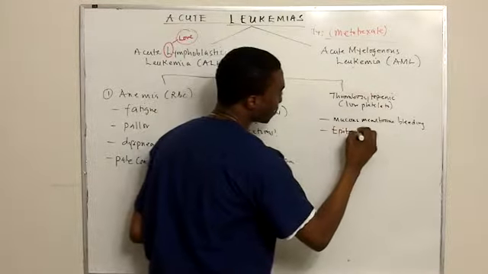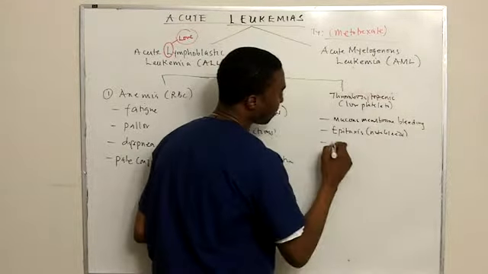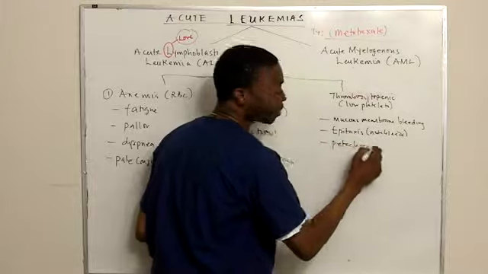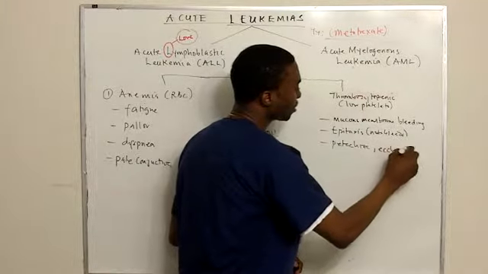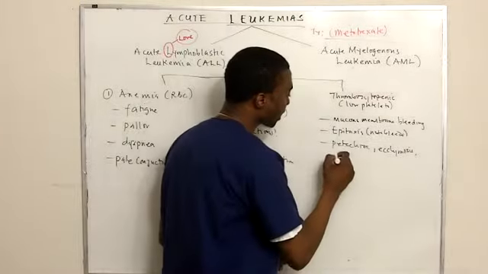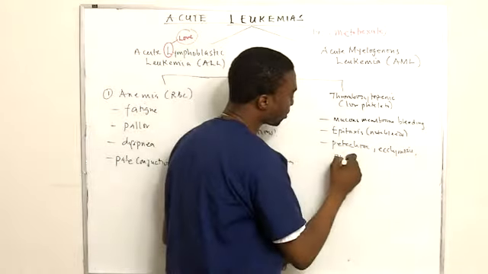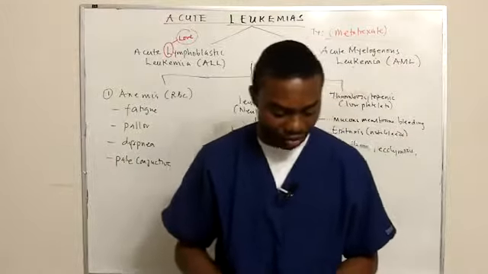Epistaxis, which is also known as nosebleeds. They might have petechia, which are dot-like hemorrhages on the skin. They can have ecchymosis, which is a fancy word for a bruise under the skin. And they can have purpura, which is also a sign of low platelet counts.